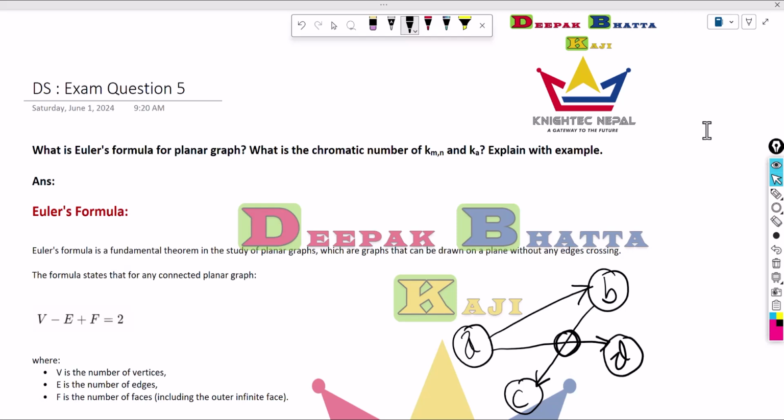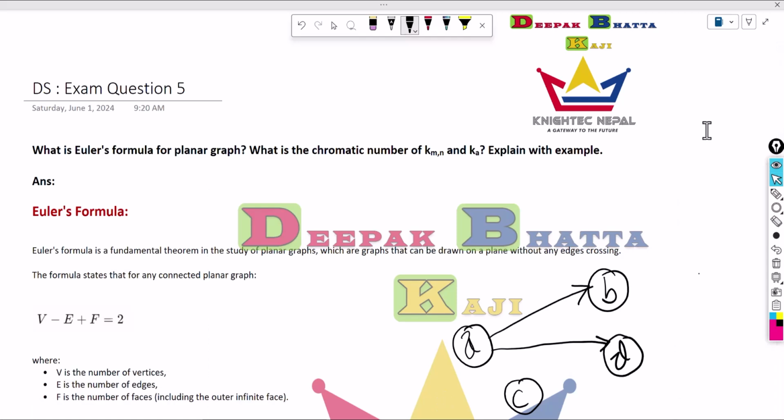The planar definition states that we do not cross any edge between two edges. Here we are crossing the edges A to D and B to C.